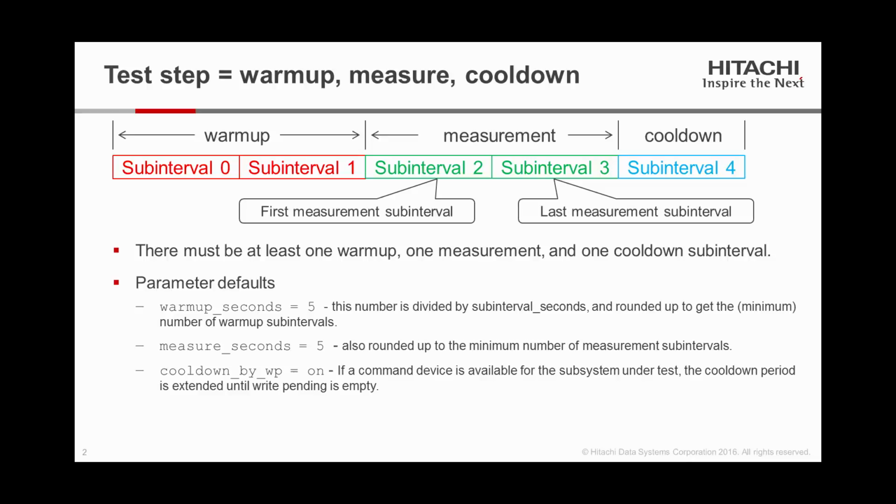If you are using measure equals on, described in a later presentation, then the warm-up period must be at least as long as specified by the warm-up seconds parameter, and the measurement period must be at least as long as specified by the measure seconds parameter. And there must be at least one cooldown subinterval.